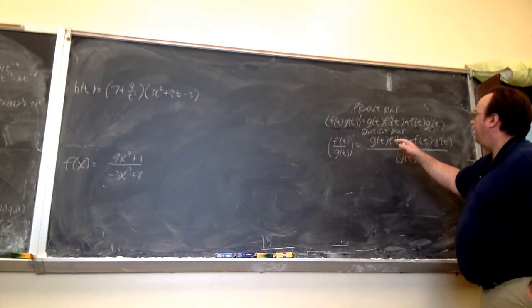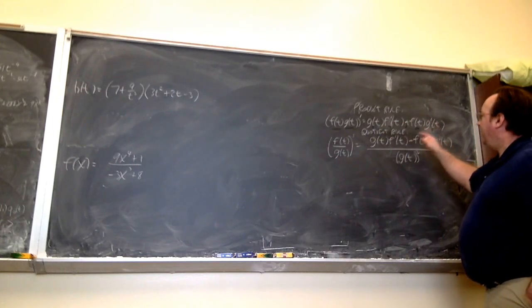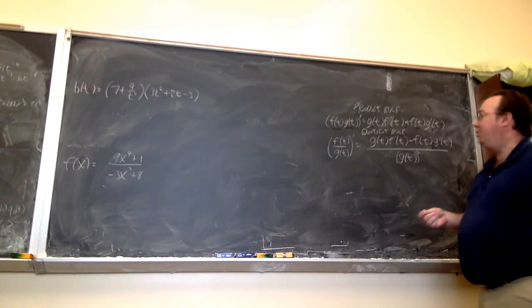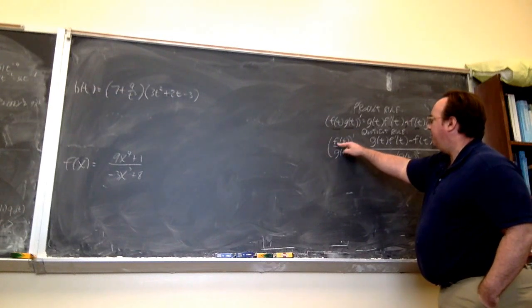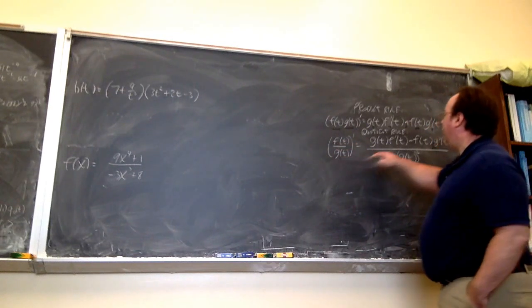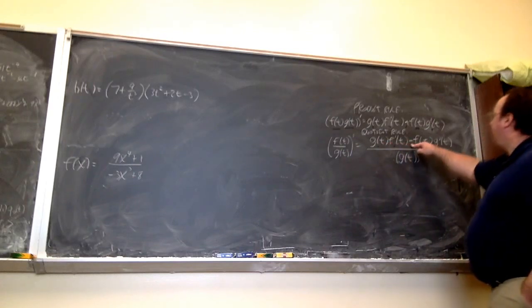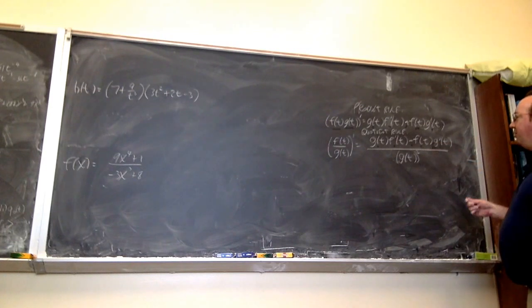The quotient rule is similar to the way I've written the product rule, and the reason I write it this way is so that the quotient rule is very similar, which makes it easier to remember both of them. So the derivative of a quotient, where f of t is the numerator and g of t is the denominator, is the denominator times the derivative of the numerator minus the numerator times the derivative of the denominator, divided by the denominator squared.